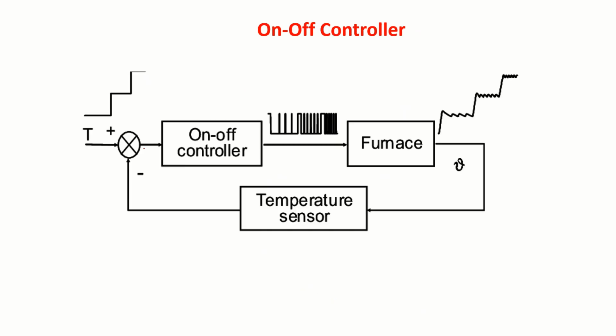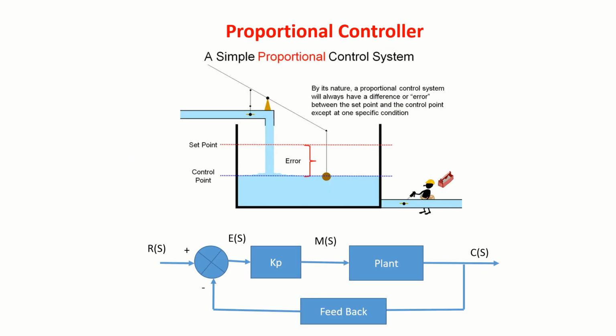So let us see their actions now. On-off controller, it will switch on, off, on, off, on, off. That kind of controller it is. Simply we call it as on-off controller, a relay. On, off, like that. Here, I've just shown a proportional controller, this one.